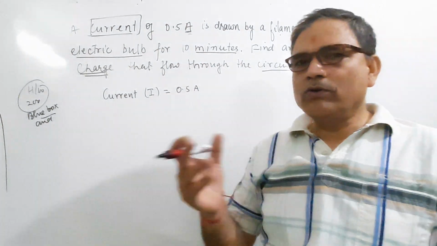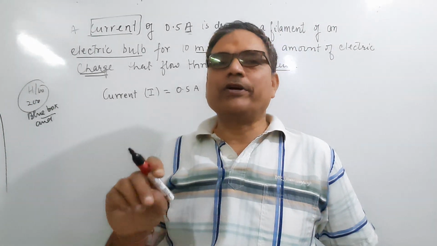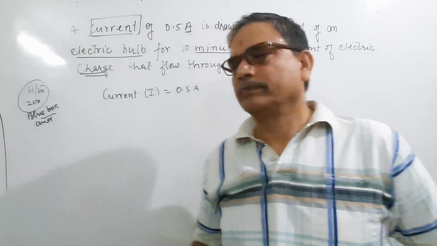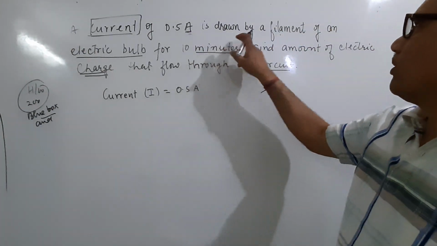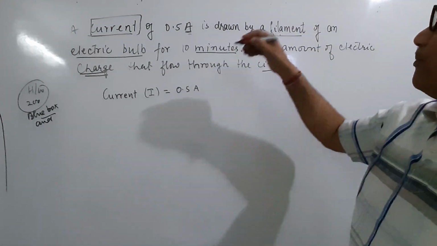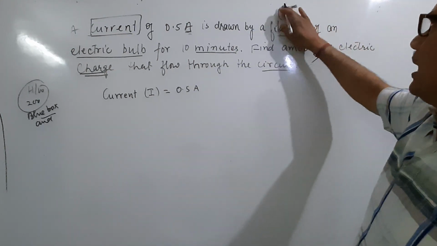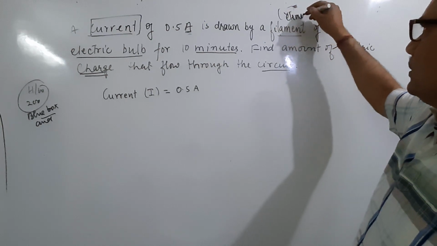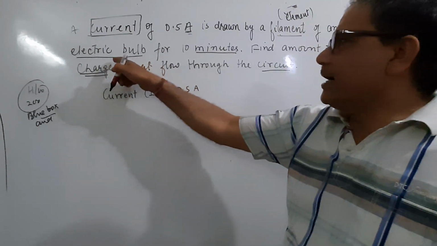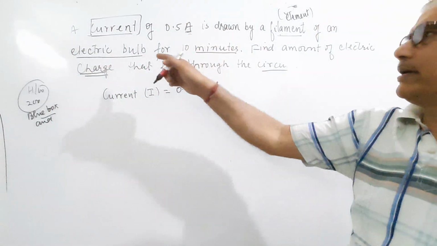And what is the unit in which the physical quantity can be measured, which is the unit. Drawn by a filament also. What is the filament of? In it is an element, you have to write the name of the element. Electric bulb, and you have to write 10 minute.